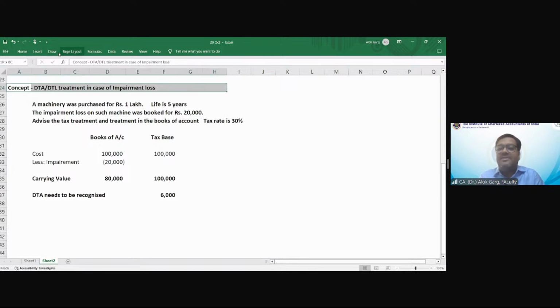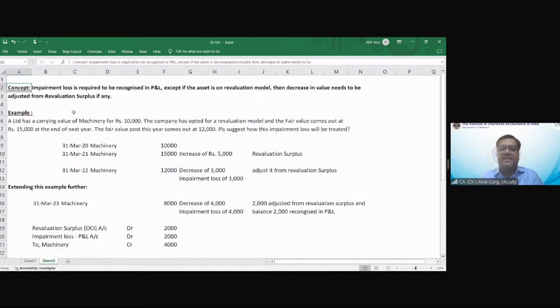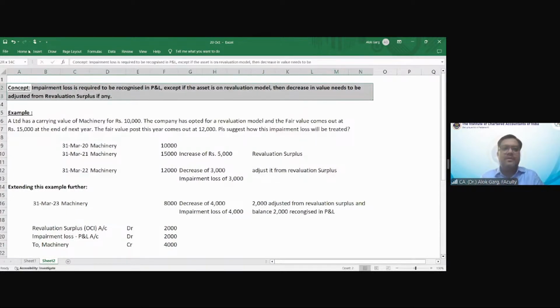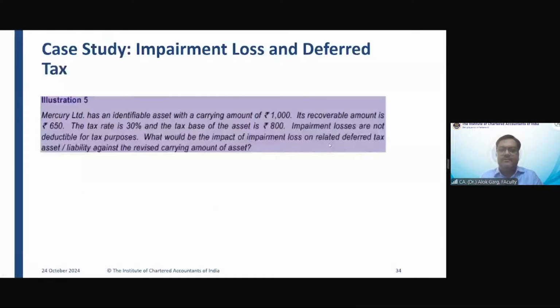This you will understand while studying Ind AS 12. When you study Ind AS 12 you will discuss this, and then you will understand it. Okay, right? So this was just an important concept to understand. Okay. Let's discuss one of the illustrations from ICAI study material.